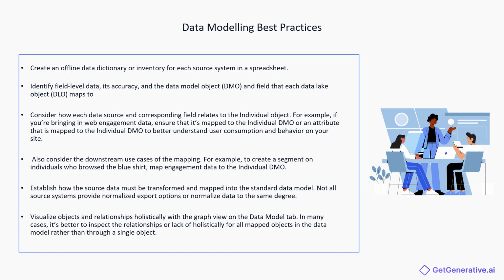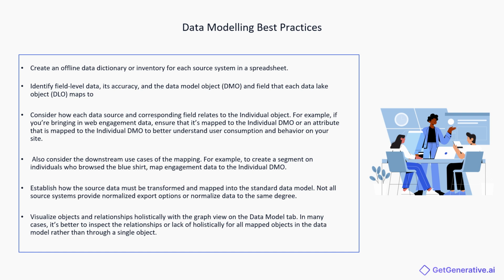Consider how each data source and corresponding field relates to an individual object. For example, if you're bringing in web engagement data, ensure it's mapped to the individual DMO, or to an attribute that is mapped to the individual DMO. What it's trying to say is, when you bring in a data source, make sure it relates to the individual in some way. For example, when we bring in the product information, we also bring in the sales order and sales order line information, and we bring in the individual or customer information.